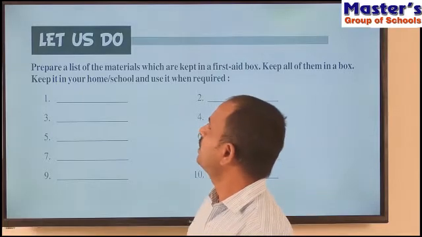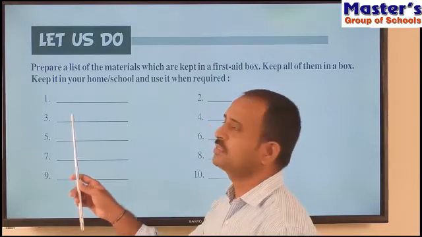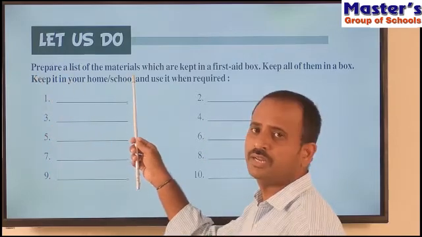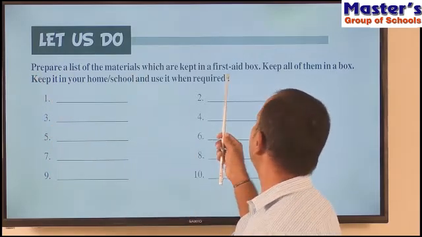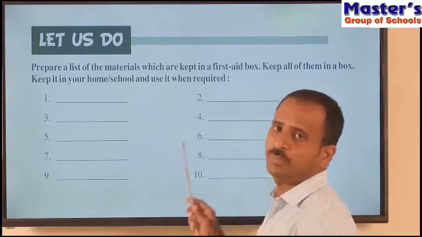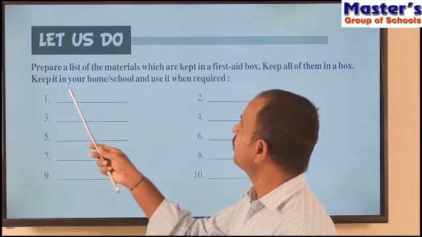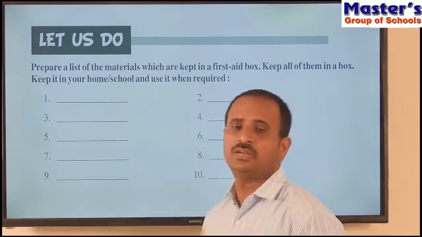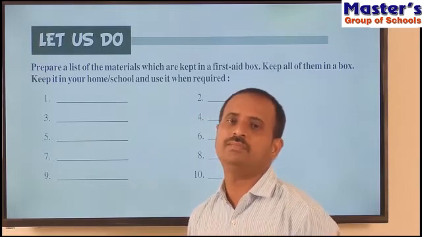So children, let us see an activity in this exercise, that is prepare a list of the materials which are kept in a first aid box. Keep all of them in a box. Keep it in your home and school and use it when required. Children, we have already discussed first aid.